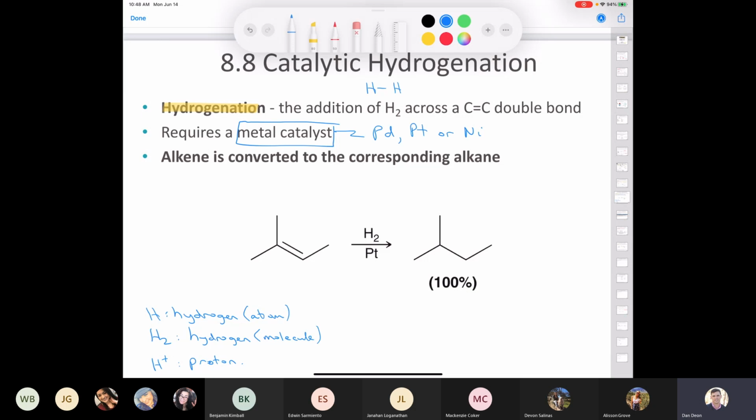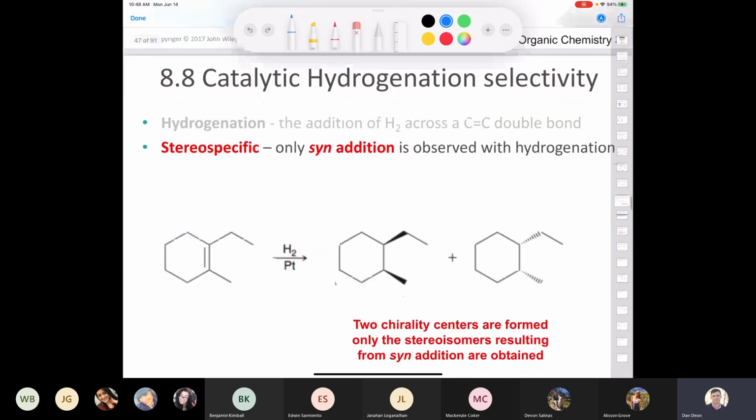So what happens is both of the carbons of the double bond, the carbon in red and the carbon in blue, they both accept a proton, right? They both have a new proton attached to them. And so you go from an alkene to an alkane. Okay, just like that. And you can see that this occurs with 100% yield. Very, very good reaction. So a very useful reaction.